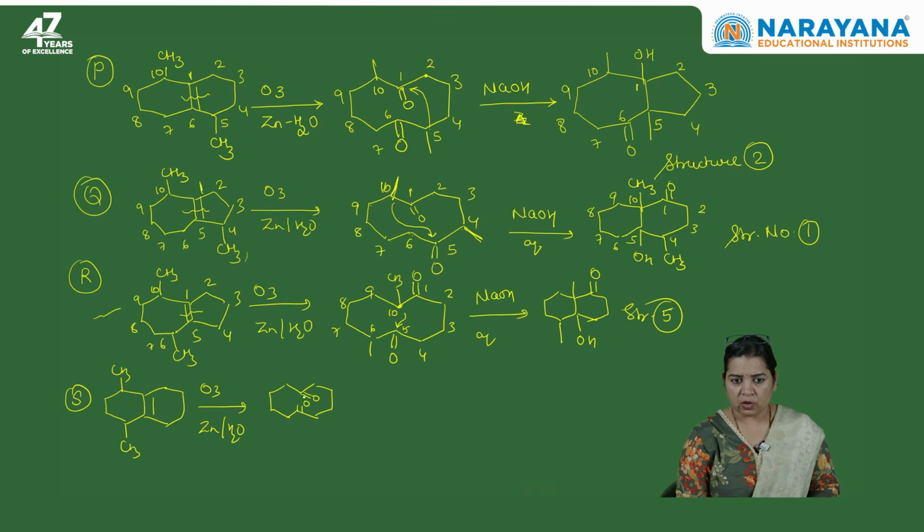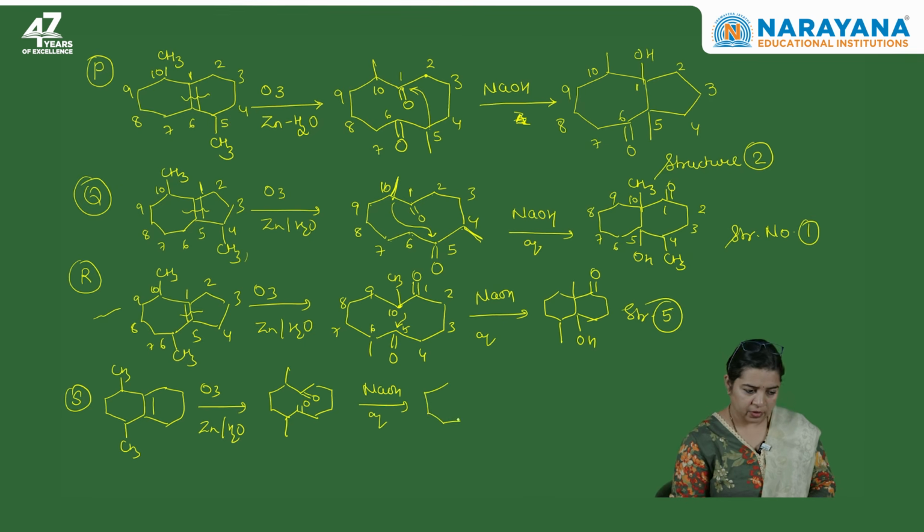Oxygen, oxygen, 2 CH3s, same way, aqueous NaOH, right? It will have 7 and 5-member ring fusion because it is a copy of P. But the positions: 1, 2, 3, 4, 5, 6, 7, 8, 9, 10.